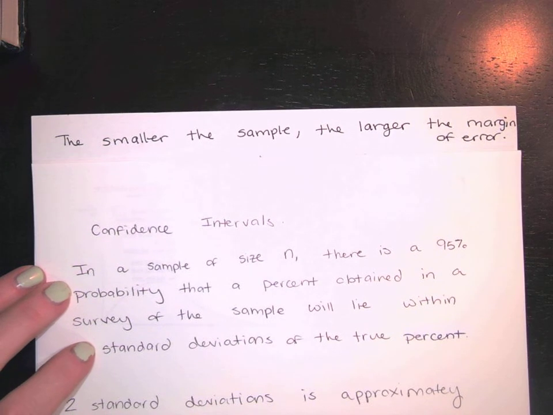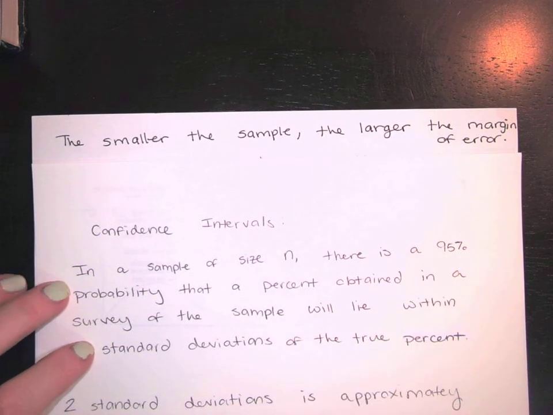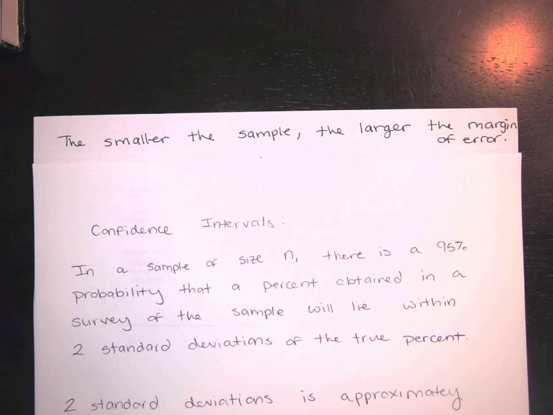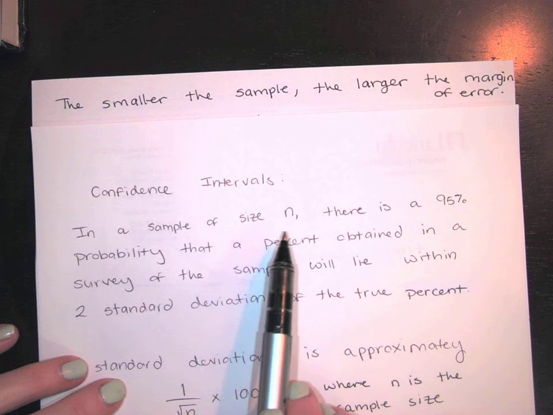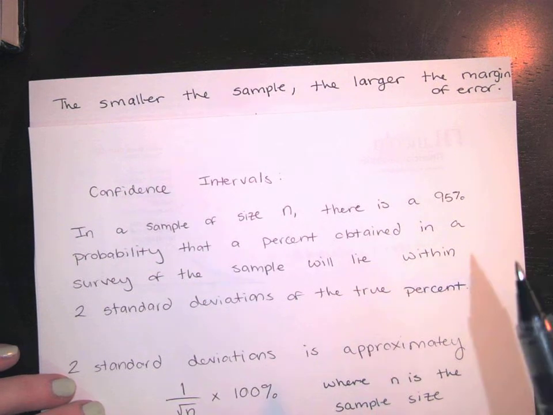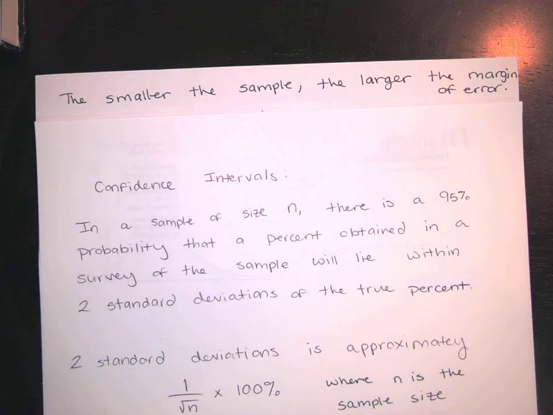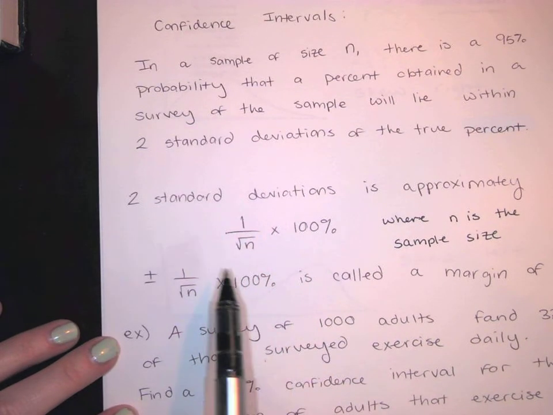So you may be wondering, well, how can I get better than 95% confident? How can I be 99% confident that I've captured the true mean? It doesn't just have to do with sample sizes. There are ways to find a 99% confidence interval that don't use this particular approximation.